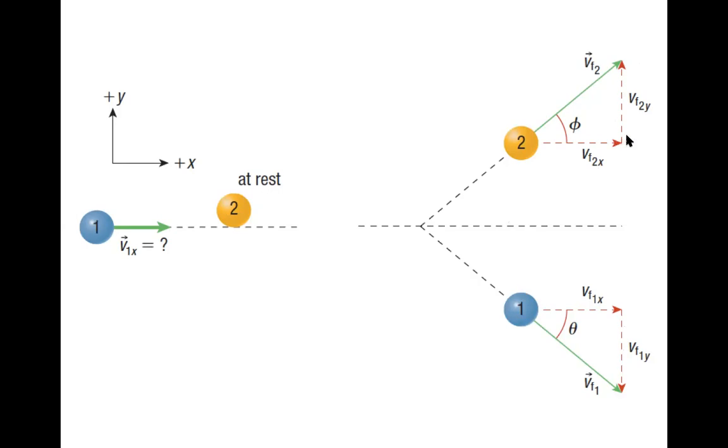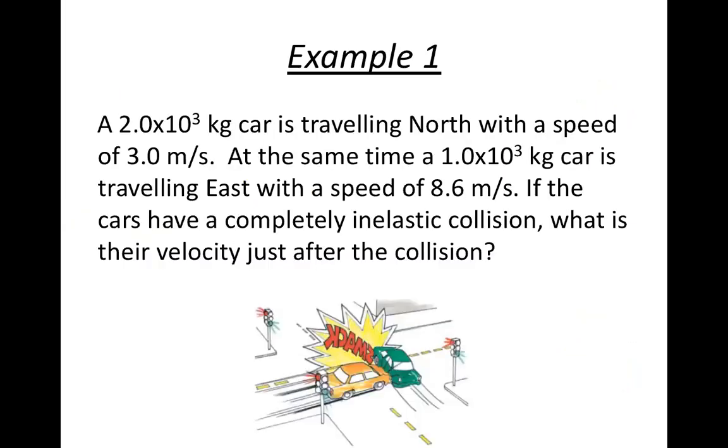So the vertical momentum components will add up to 0. But since the masses are the same, we can also say the vertical components of velocity will be 0. And then the horizontal component sum will be the same as the original vector component in the X. So hopefully you can see that. So let's try some problems.